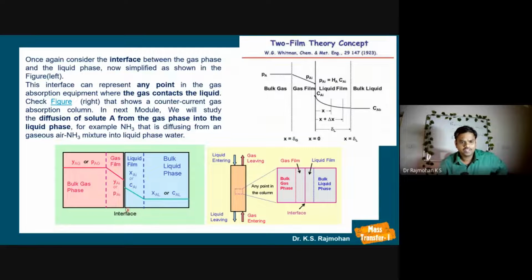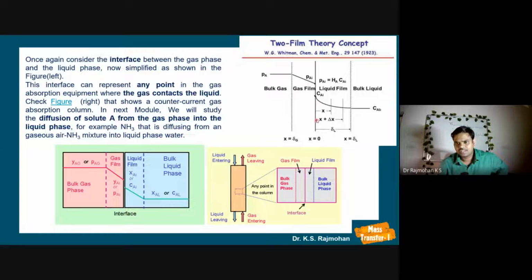If there is an interface, on either side of the interface we assume a film. On the liquid side, we have a bulk liquid and we consider a thin laminar layer, you can say a thin film, which is the liquid film. Similarly, on the other side we have bulk gas, and on that side we have a thin film called the gas film. That's what W. G. Whitman proposed in 1923.